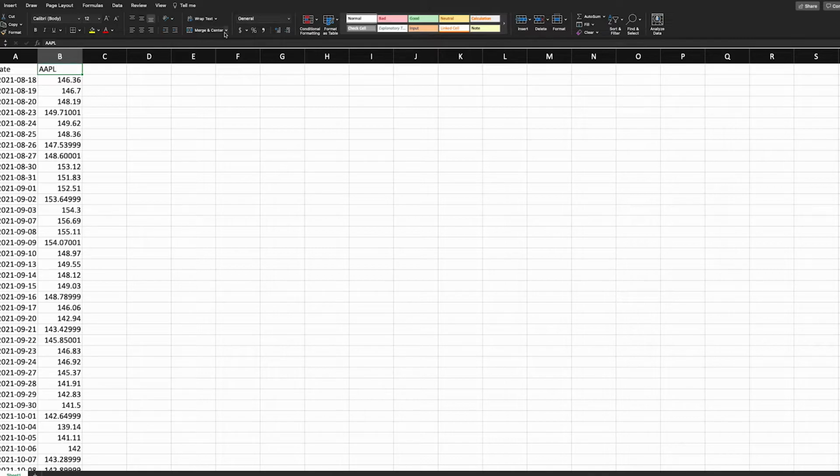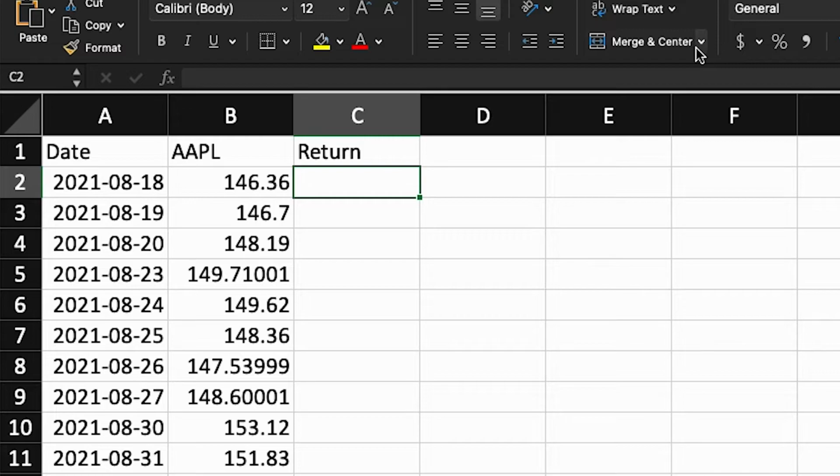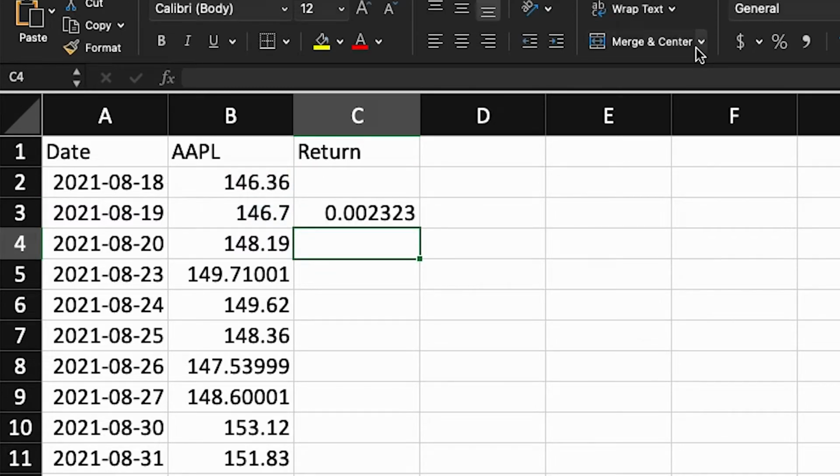First of all, we need to remember that we need to calculate the daily return of the Apple stock. So return is equal to B3 divided by B2 and minus 1. So that is your return.